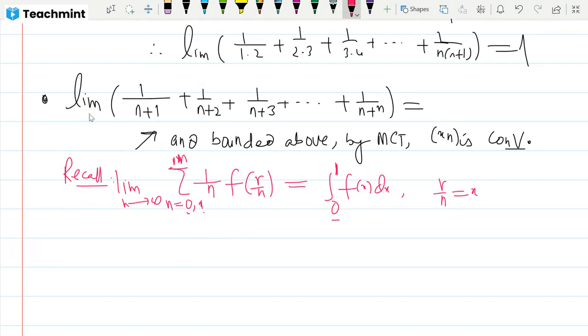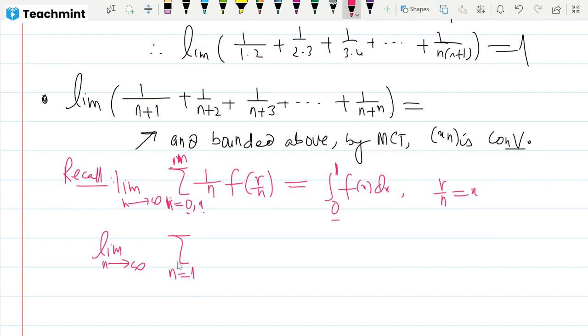So now I will rewrite this question as follows. This is the limit as n tends to infinity. Can we write this sum in summation notation? This is r, not n, please correct.